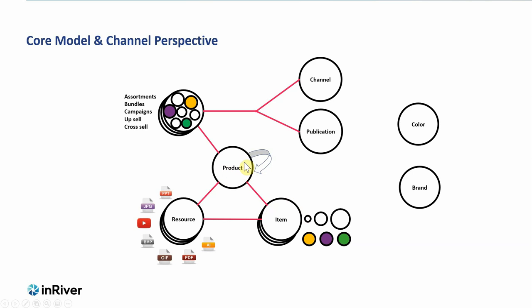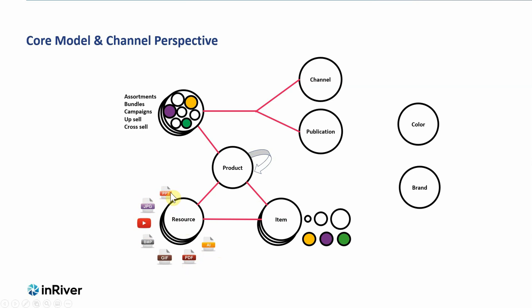And by doing that, we get more efficient when we work with the enrichment, and also it sort of mimics how we might want to present this into the channel. A resource contains any type of file that you might want to connect to your products or your items. So this will be images, videos, PDF documents, or other kinds of documents that you might want to use here.